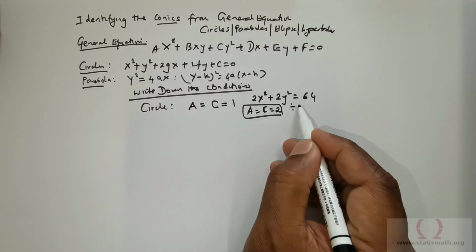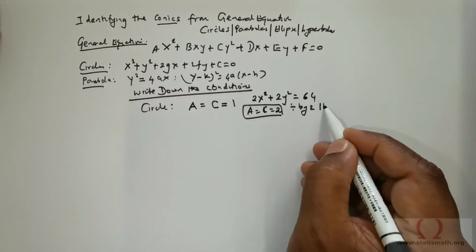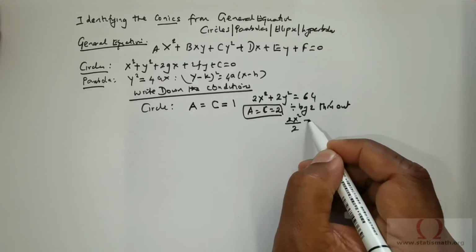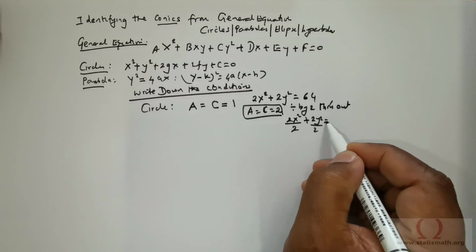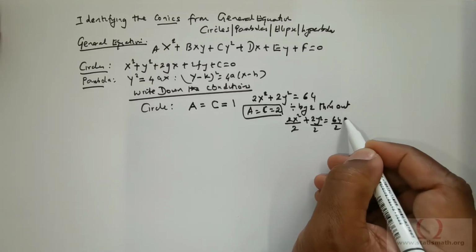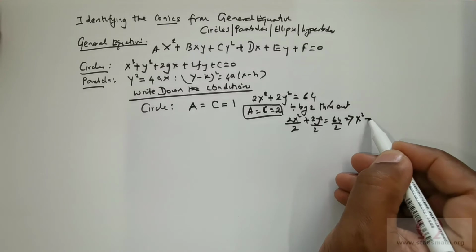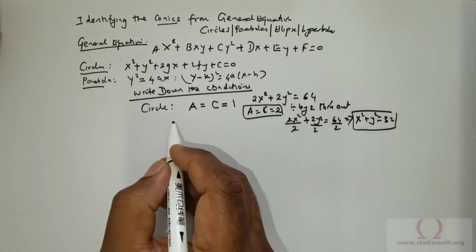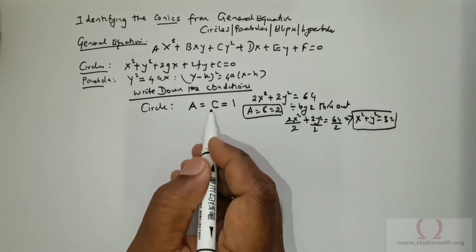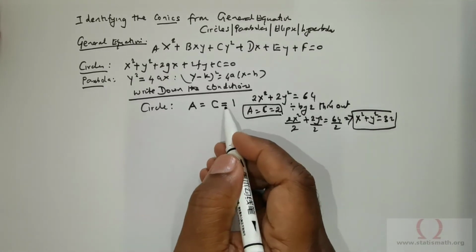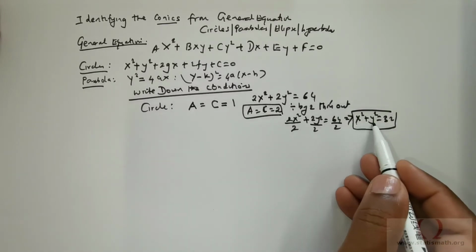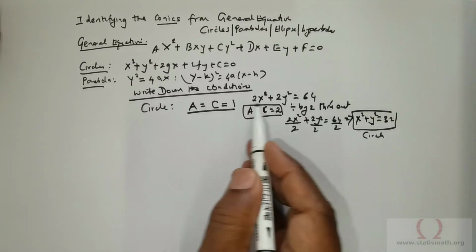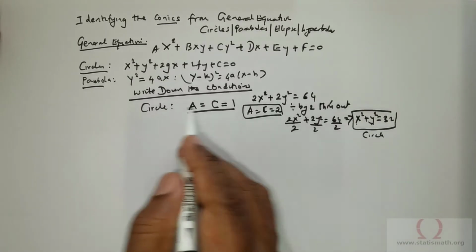I can simply divide by 2 throughout, and by doing that, this is going to become 2x squared divided by 2 + 2y squared divided by 2 = 64 divided by 2, which leads me to x squared + y squared = 32, which is the equation of a circle. So generally speaking, a and c have to be equal, and when they are equal to 1, we are getting a circle. So this is the final condition being spoken about here. So you have to use your judgment.